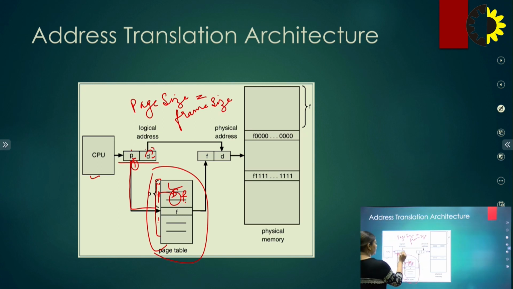Then that means the offset is the same in both cases, right? I will take P, from P I have mapped F. F I got, I will combine this with D and I will get the physical address, and here I will get the frame number, and in that particular frame at which place I have to go, I will calculate it from D, right?